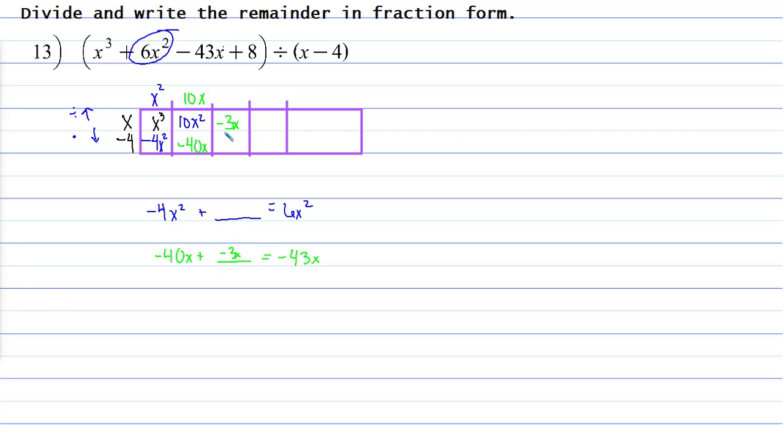And so for my next one, I divide to go up, negative 3, multiply to go down, gives me a positive 12. 12 plus something is going to give me 8. And so I need to subtract out 4.